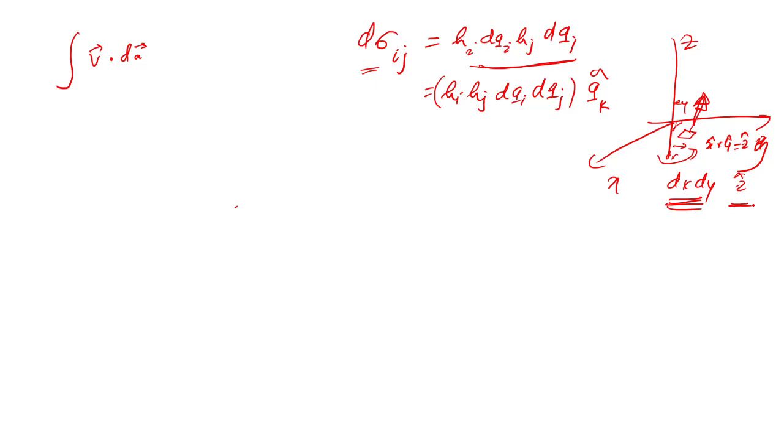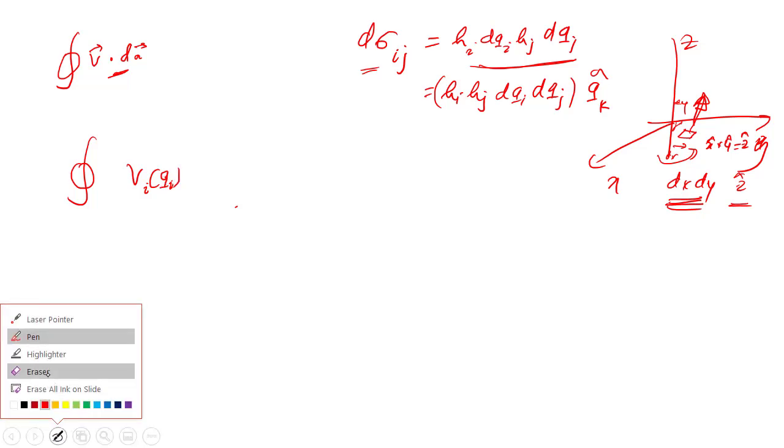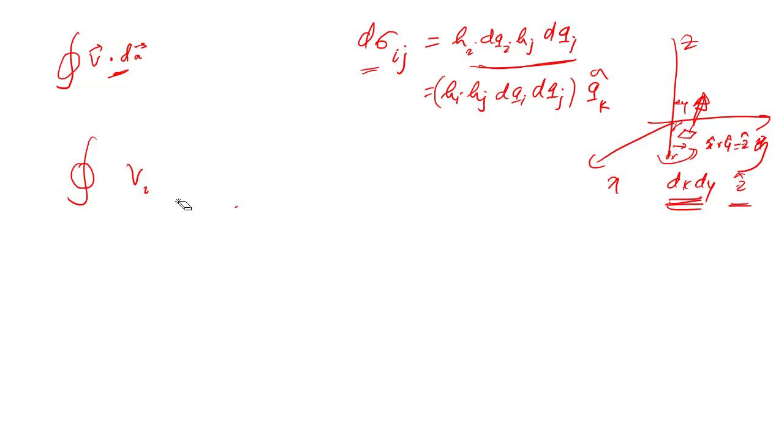just like how x and y are along the z-axis. So if I want to write the surface integral for V dot dA, then I can write V as simply V_i of q_i, or I can write it as V_i along the direction q_i, dotted with our area element. Our area element, with the vector, has this q_k.